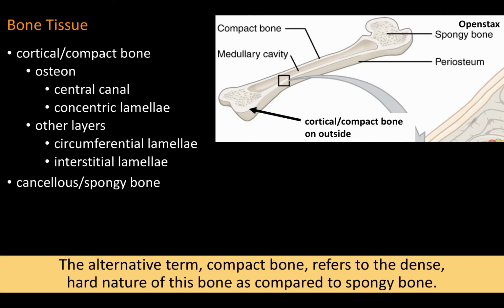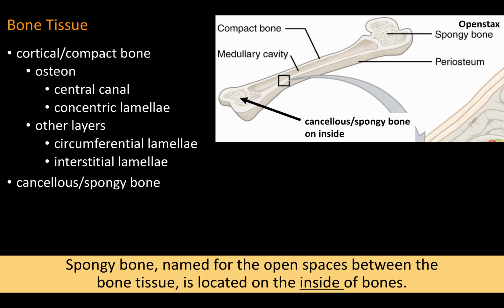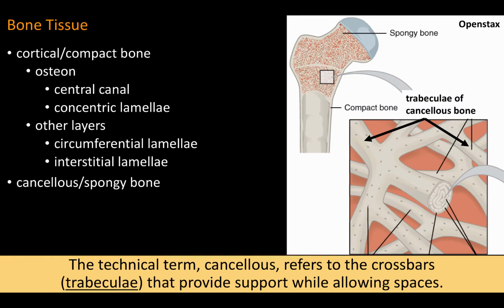The alternative term, compact bone, refers to the dense, hard nature of this bone as compared to spongy bone. Spongy bone, named for the open spaces between the bone tissue, is located on the inside of bones. The technical term cancellous refers to the crossbars, trabeculae, that provide support while allowing spaces.